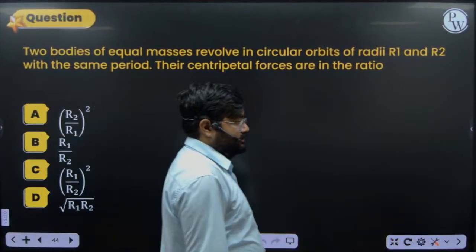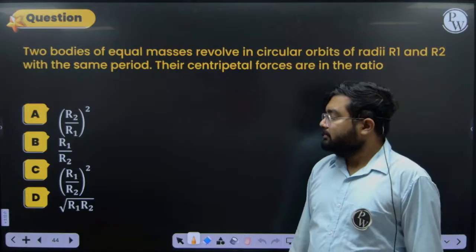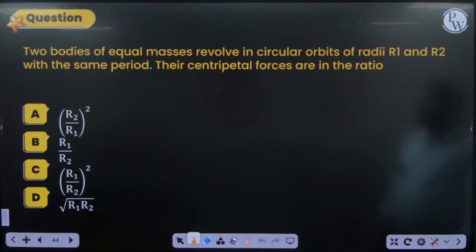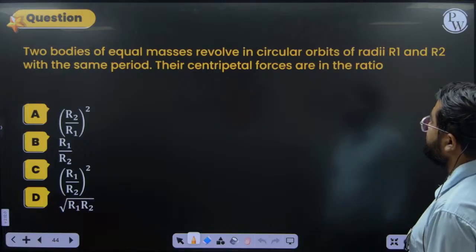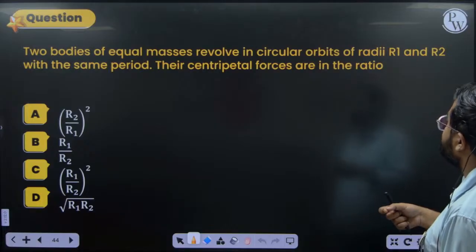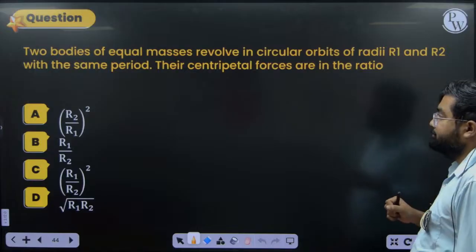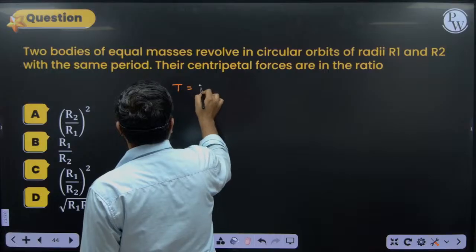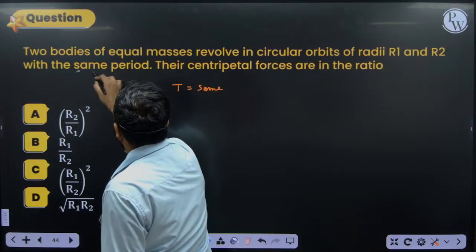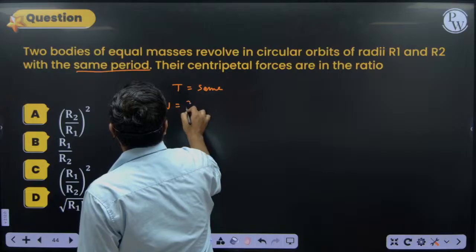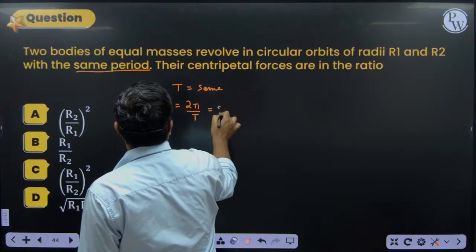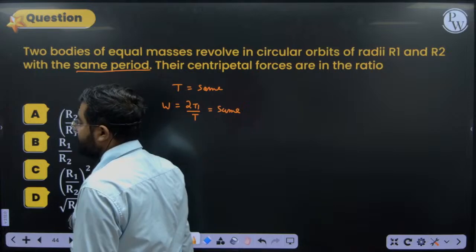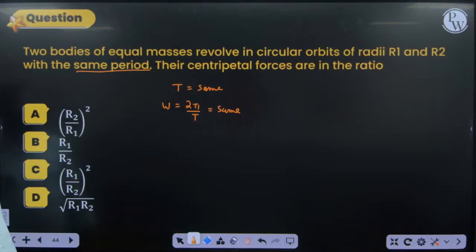Let us see a question. This question says two bodies of equal masses revolve in circular orbits of radii r1 and r2 with the same periods. Time period is the same, so omega is the same. Their centripetal forces are in the ratio?